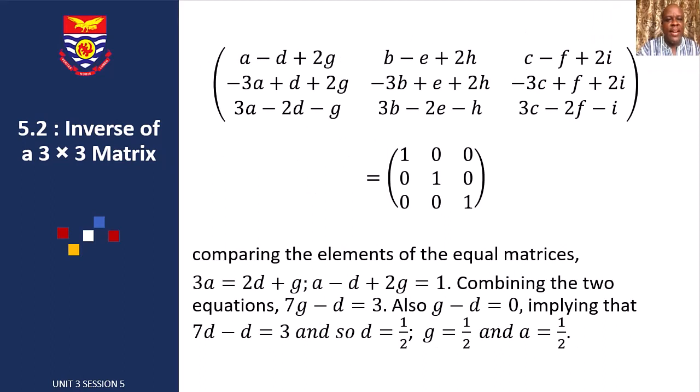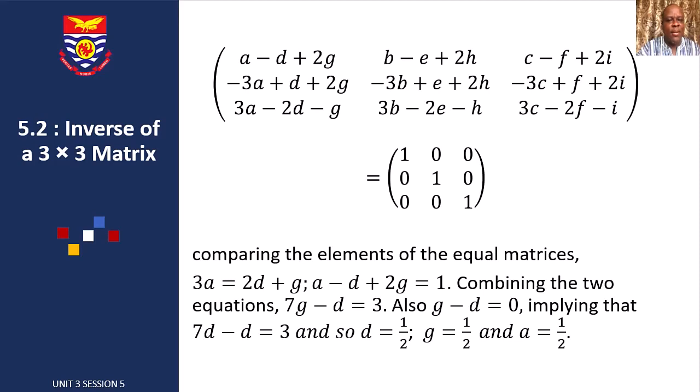We continue and multiply the matrices, and then we have a minus d plus 2g as the first entry, b minus e plus 2h the second entry, c minus f plus 2i. That gives us row 1. Then row 2 is negative 3a plus d plus 2g, negative 3b plus e plus 2h, negative 3c plus f plus 2i.